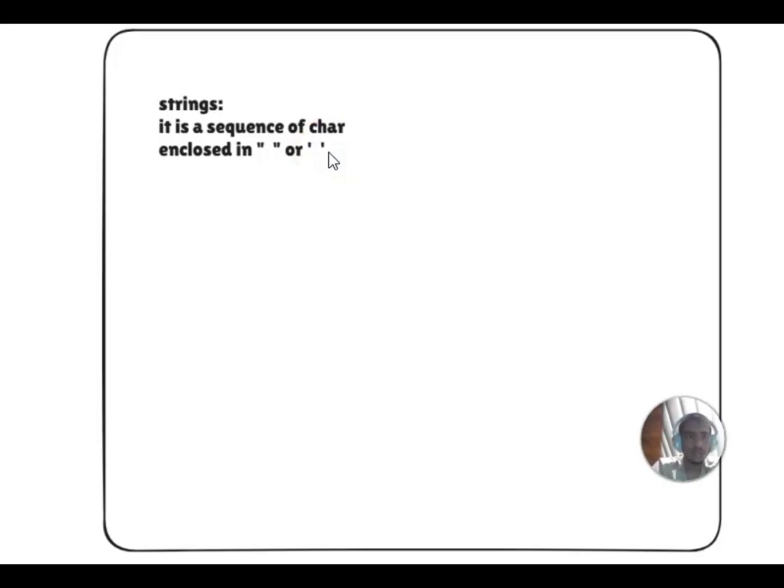Now let's move to another topic called strings. A string is basically a sequence of characters enclosed in double quotes or single quotes. I already said in the last lecture about this, but in this lecture, let's take an example string called gesture.